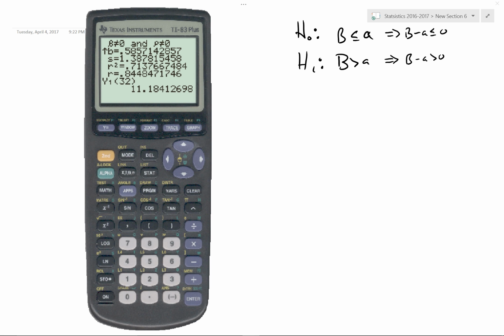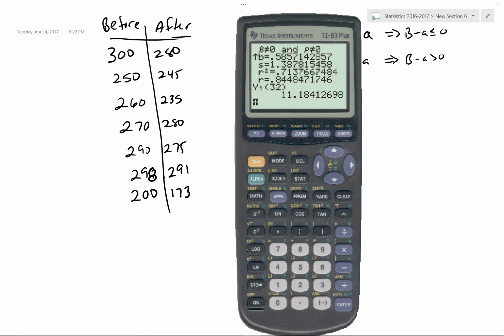Now, what we're going to do is we're going to do before minus after like that. But we're going to go to stats, edit, come to the top, clear, enter, clear, I said, enter.